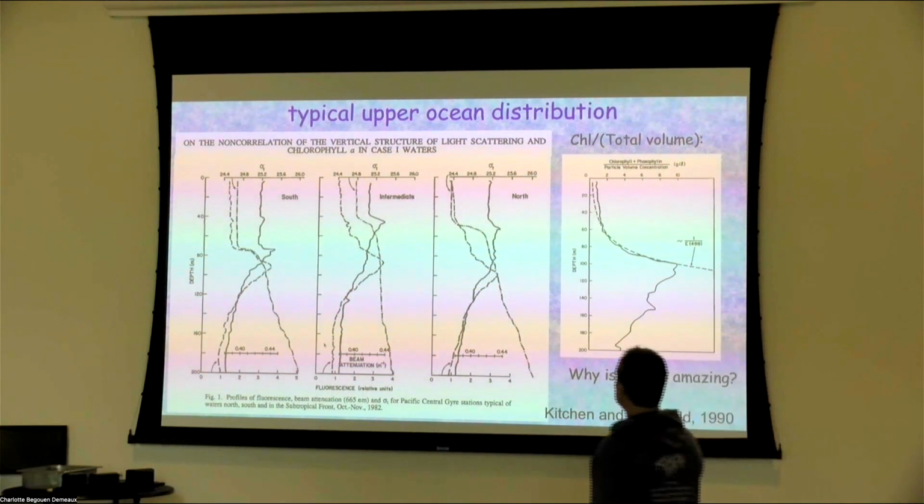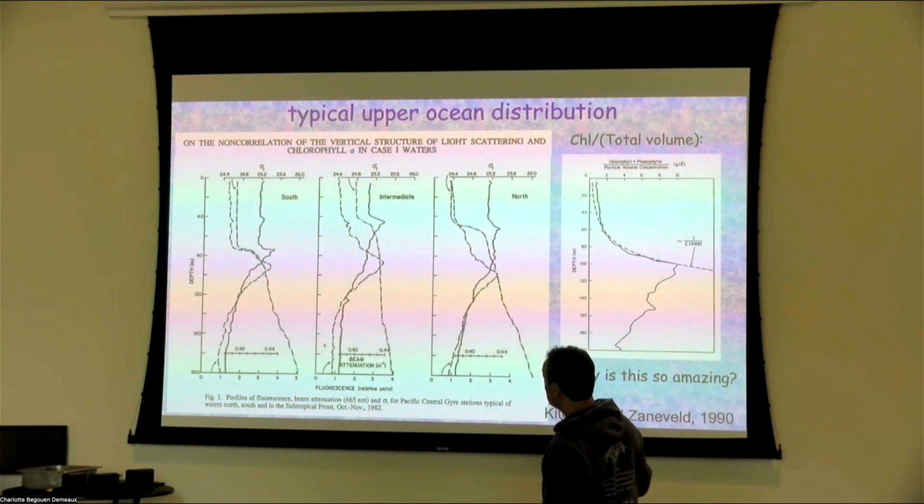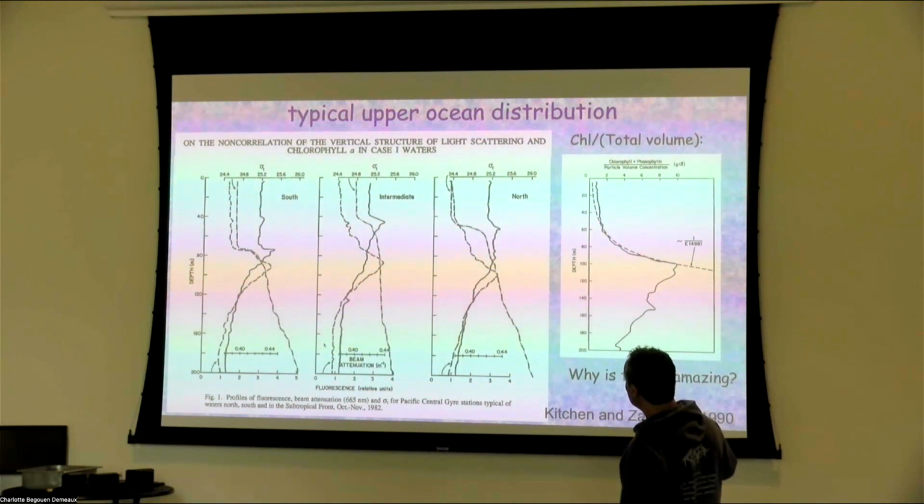Why? Because as somebody mentioned here, there's a chlorophyll maximum. So here what we have is density; these lines are density. These are three stations in the North Pacific. We have beam attenuation, that's the solid line, which barely changes, not by a lot. And then we have chlorophyll here. This chlorophyll trace is not quenched because I think it's at night.